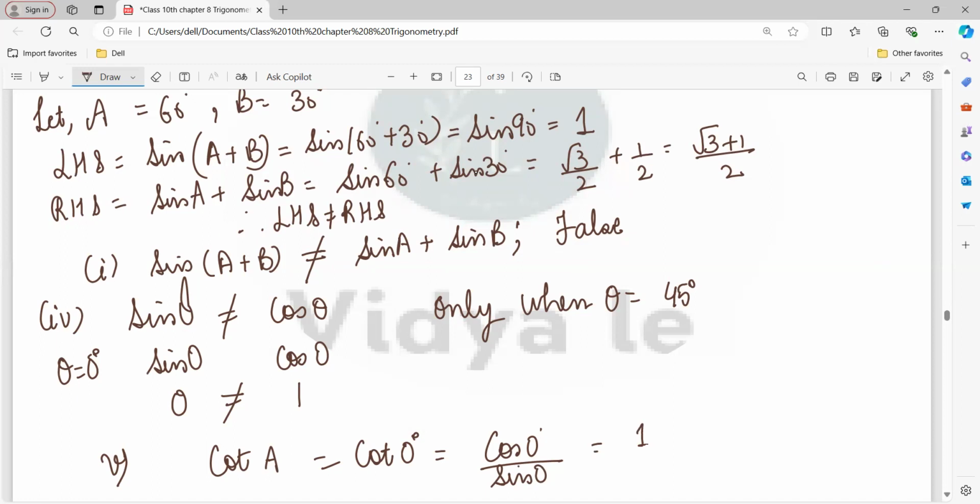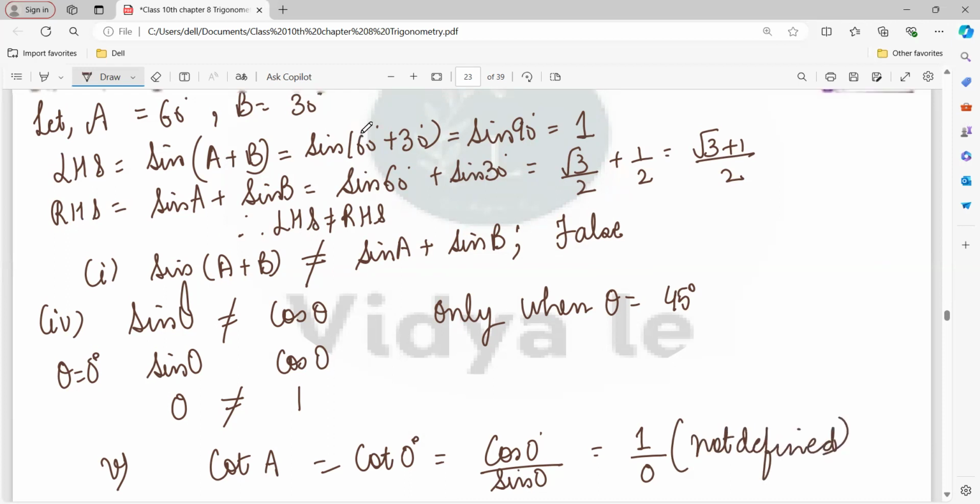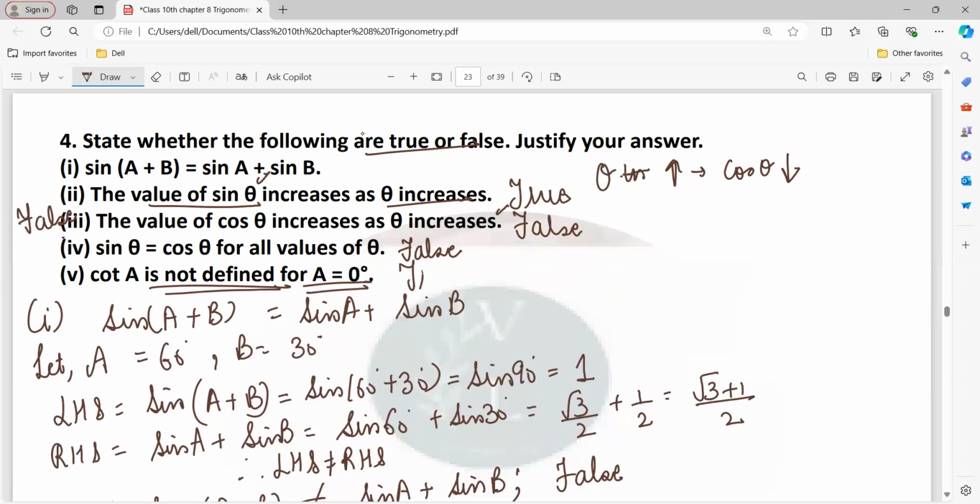Right? And cos 0 is 1, sine 0 is 0. We know that 1 divided by 0 is not defined. It is infinity. So that means the fifth part is true. Right? Is it clear? Wonderful.